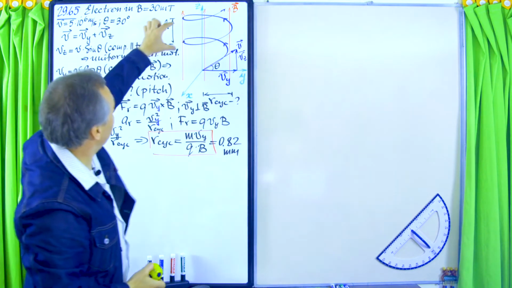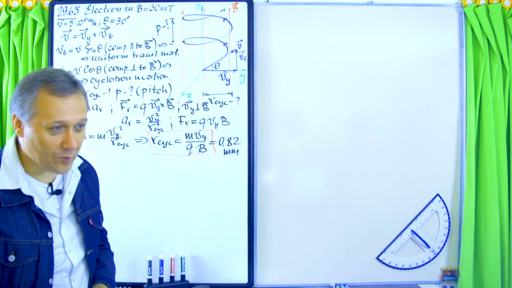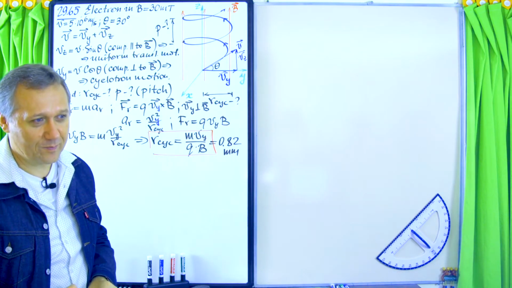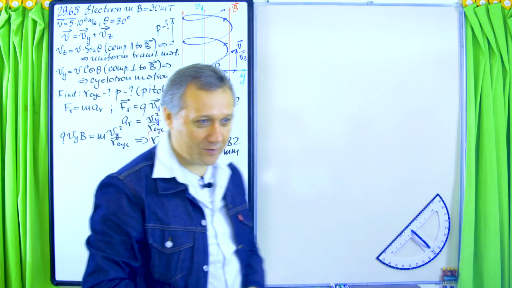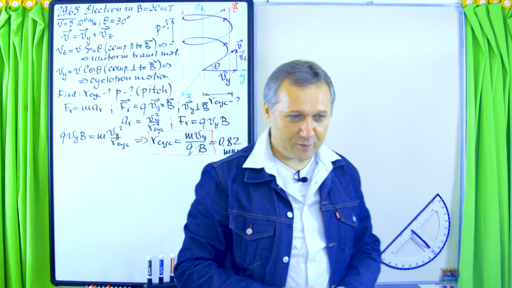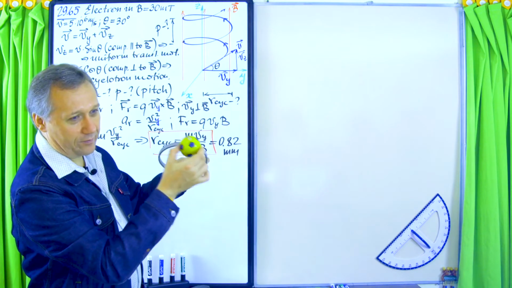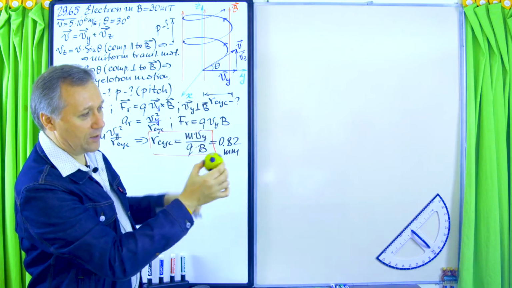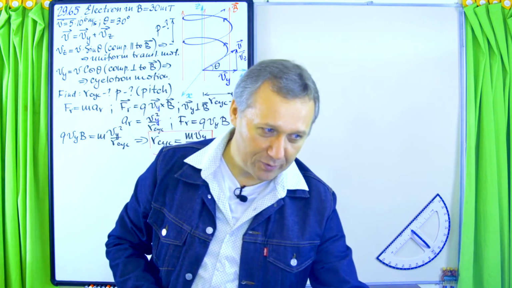So the travel time between this point and that point equals the period of the cyclotron motion. That's why I said that time connects both of these motions. It takes a period to complete a circle, and at the same time the particle gets displaced by the distance pitch.